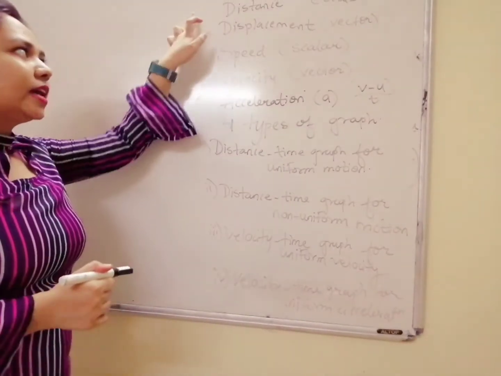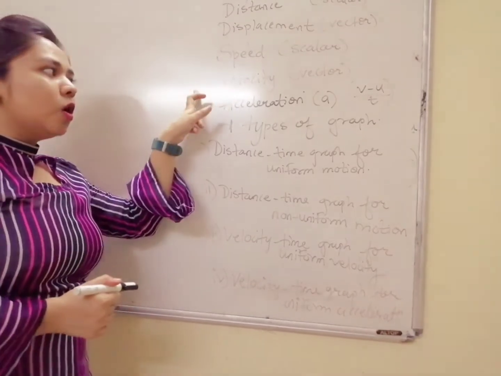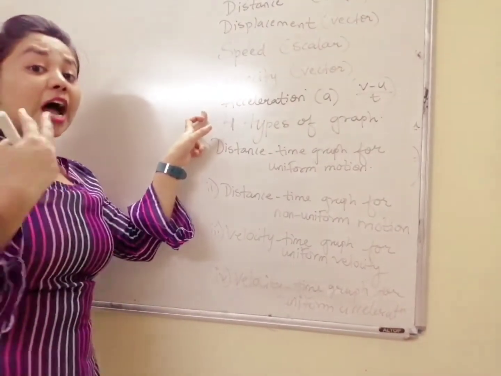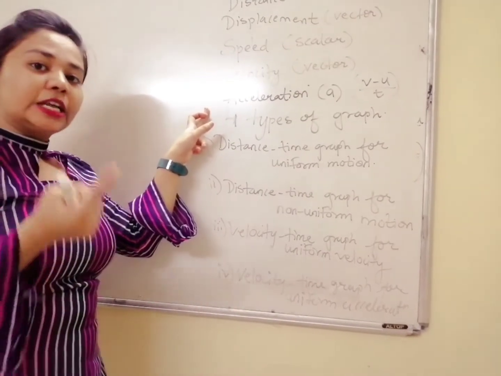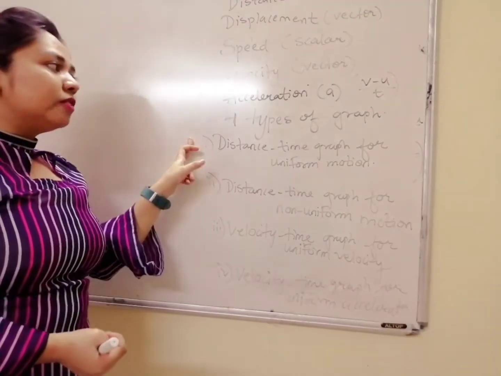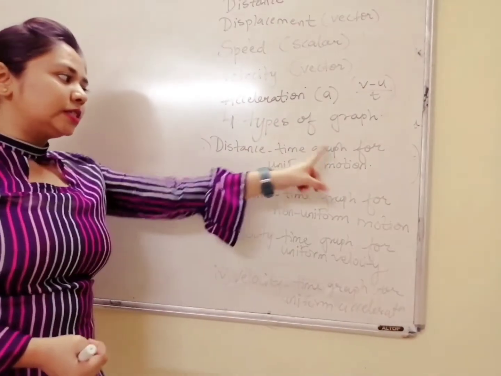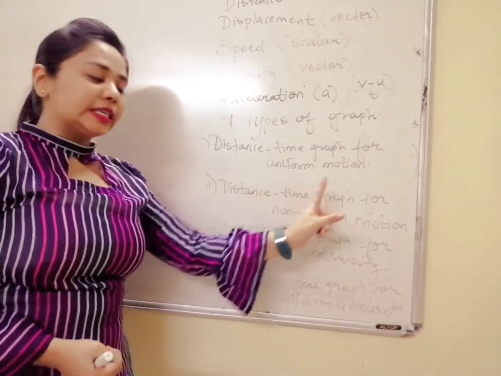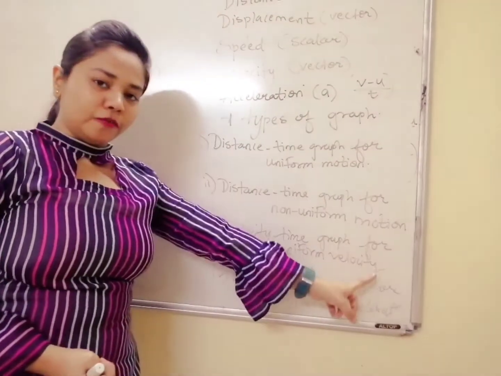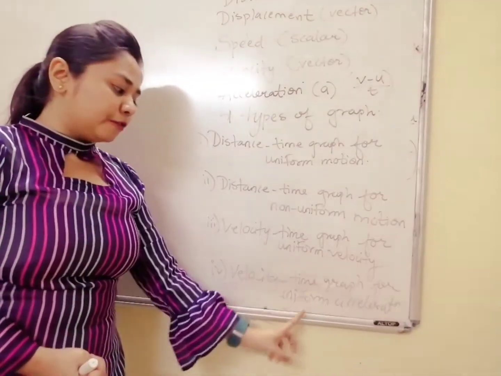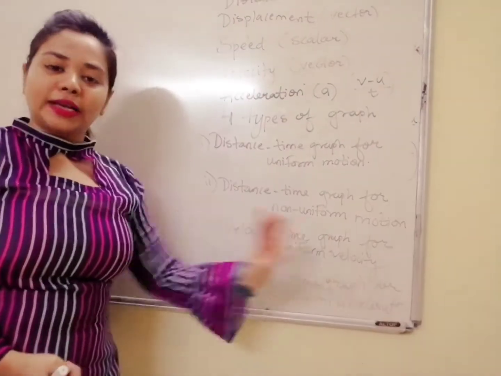So we studied distance, displacement, speed, velocity, acceleration, and also 3 types of acceleration: positive, negative and zero acceleration. Then we studied 4 types of graph: distance time graph for uniform motion, distance time graph for non-uniform motion, velocity time graph for uniform velocity, velocity time graph for uniform acceleration.